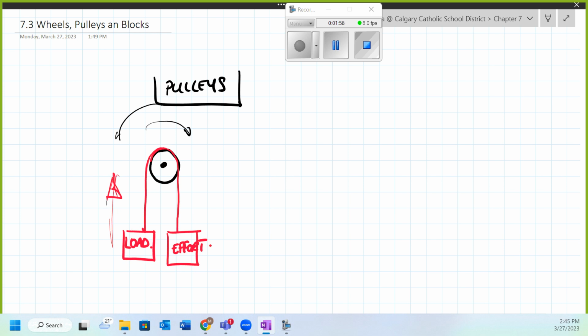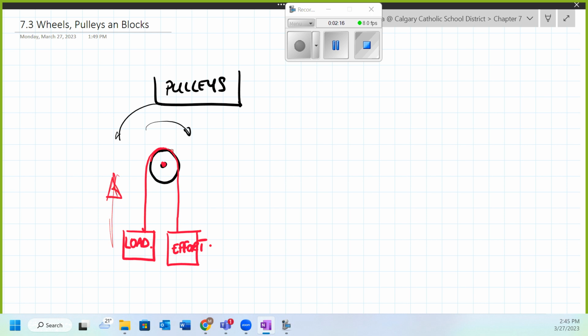There are two types of pulleys. One is a fixed pulley, that doesn't move. And this is an example of a fixed pulley. So the pulley itself is fixed, attached to an object that doesn't move.